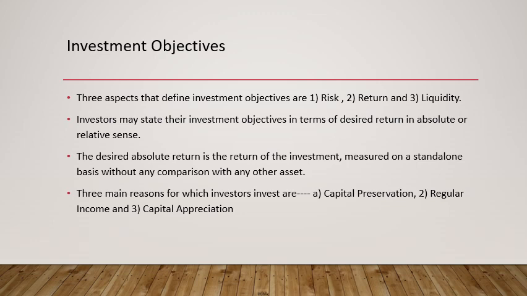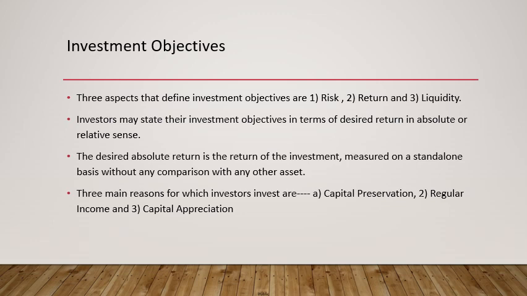A very important aspect that also constitutes the portfolio management process is to know what the investment objectives are. And when we set the investment objectives, three important things that drive them are risk, return, and liquidity. Risk, return, and liquidity together would define your investment objectives. Investors may state their investment objectives in terms of desired return, in absolute or relative sense.